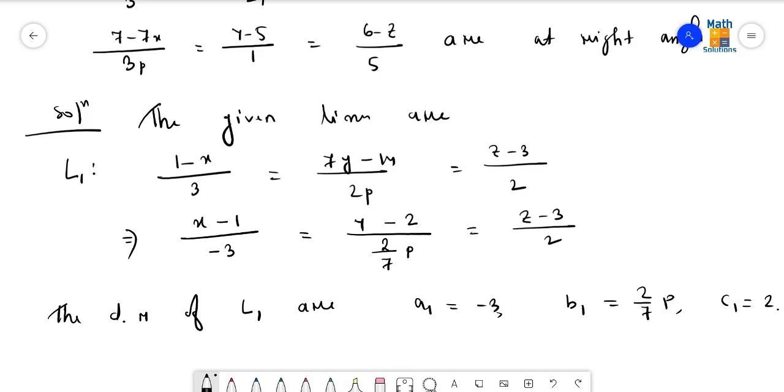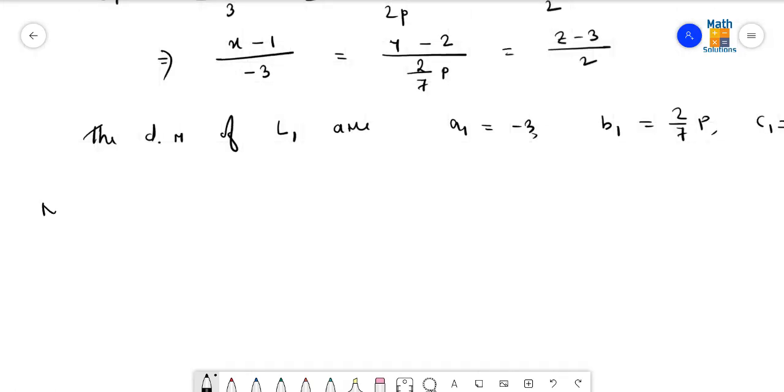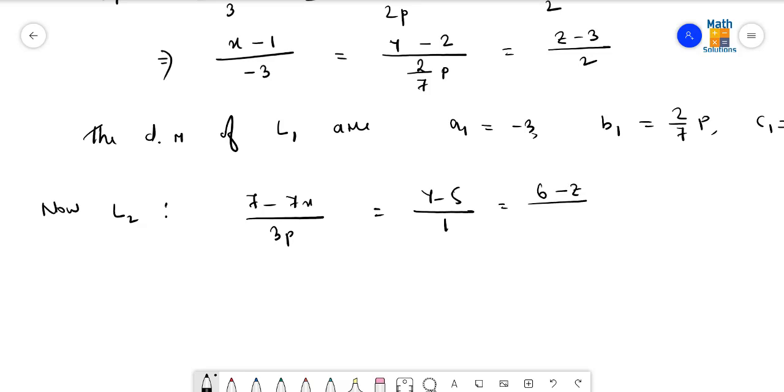Then coming to L2, now L2 is given to be 7 minus 7x divided by 3p, that is equal to y minus 5 by 1, 6 minus z by 5 here at the last. So here in this case, what do I get? x minus 1 by minus 3 by 7p.